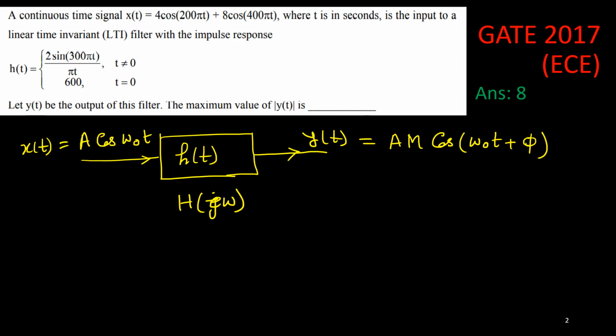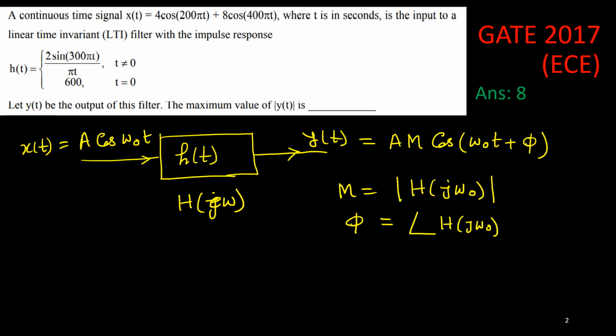So this M is the magnitude of this H(j omega naught), particular at that frequency, whatever magnitude it will give in the spectrum, that is your M magnitude, and phi is the angle at that frequency, H(j omega naught), right?